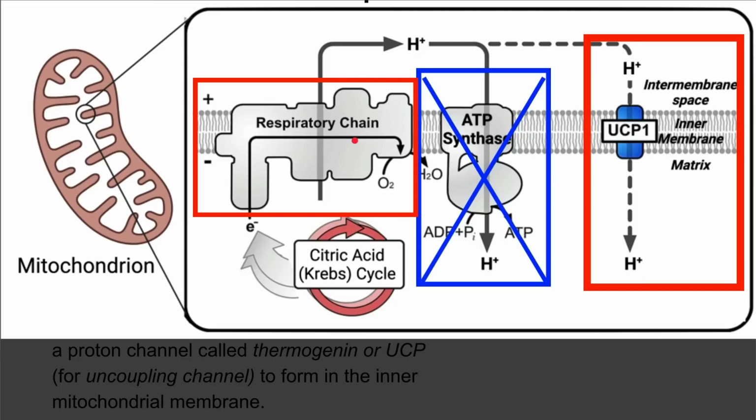And think about the fact that when electrons move through a wire, that generates heat through resistance. Well, basically, you can think of the electron transport chain as a wire. The electrons that are moving through it generate heat, but in this case, they generate heat without generating ATP. And that's how cellular respiration can be used to generate heat instead of ATP.